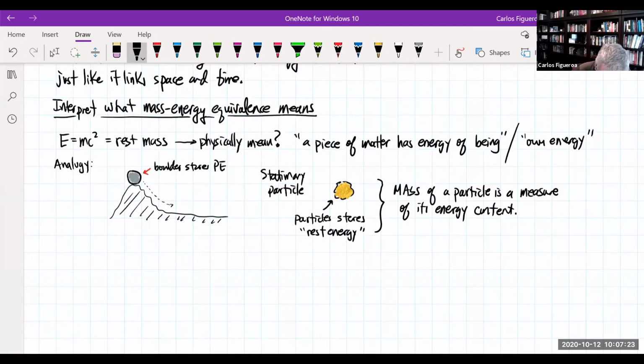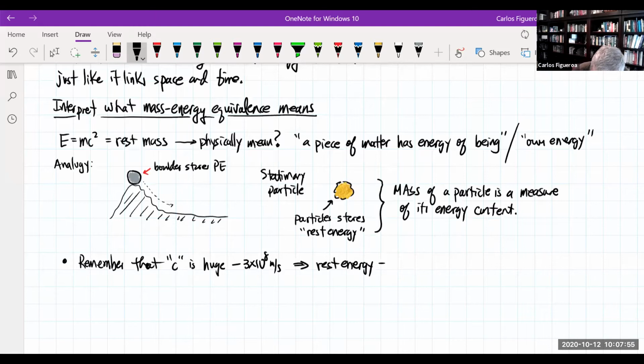So one of the things we should keep interpreting here is, remember that c is huge, right? 3 times 10 to the 8 meters per second. So this tells me that the rest energy, which is mc squared, contains a lot of energy.